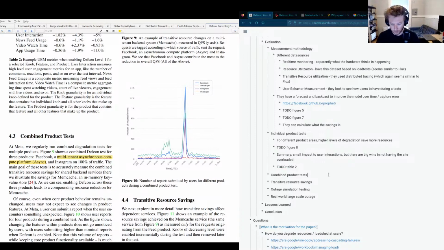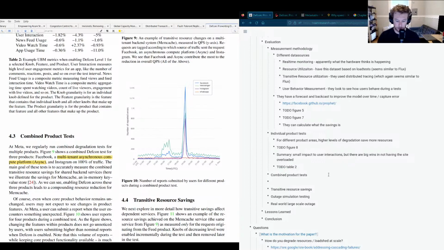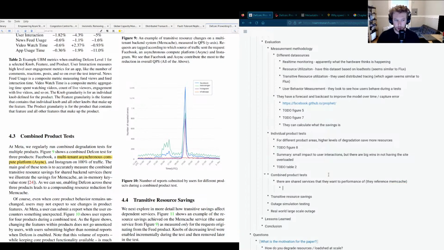Okay, so then their shared services. Shared services that they want to know the performance of. That's also very closely related to the scaling Memcache at Facebook paper.